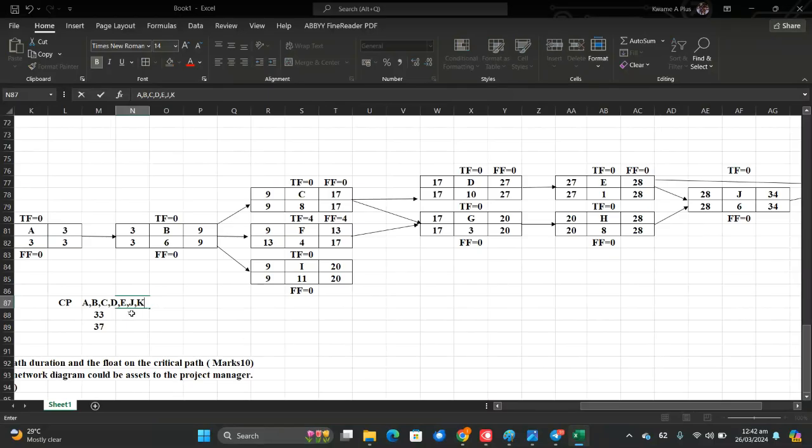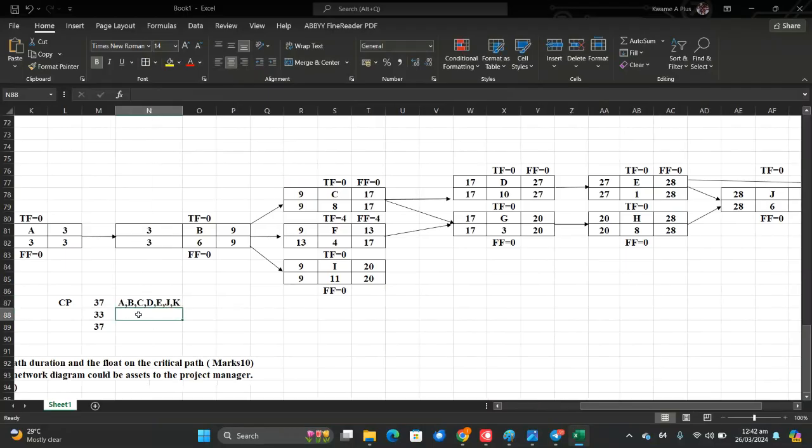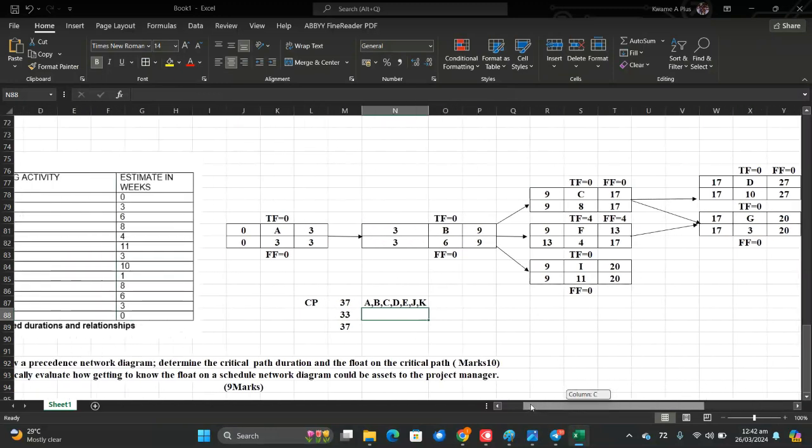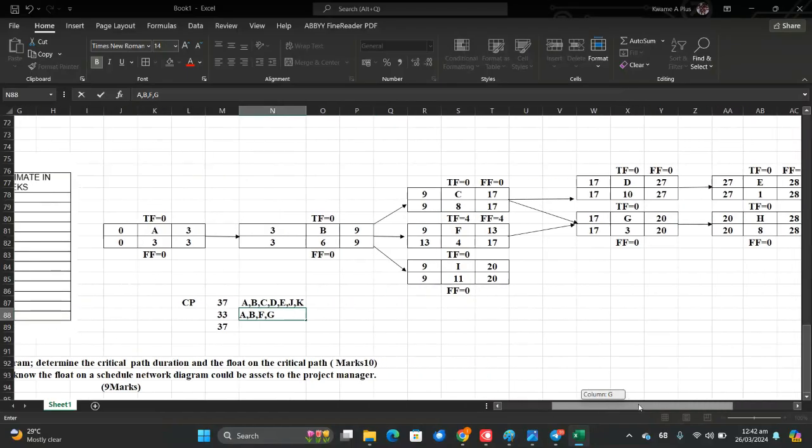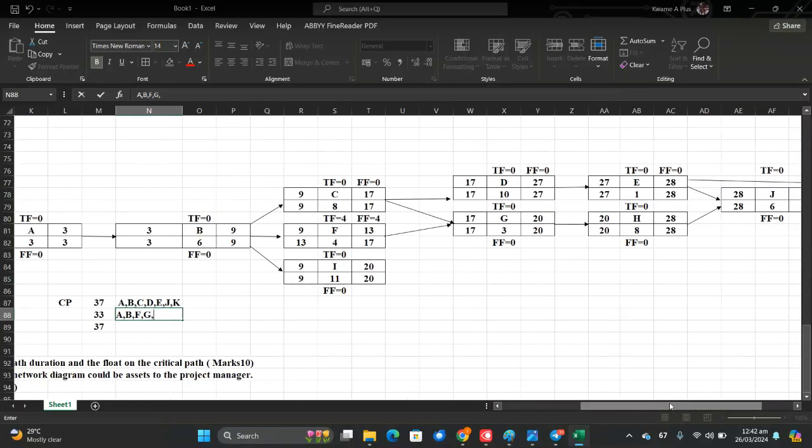And the second one, we had A, D, F, H, J, and then K.